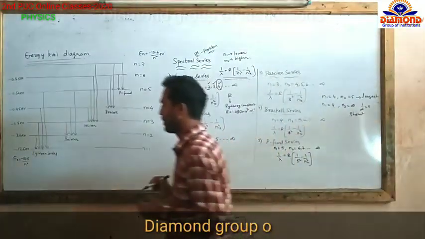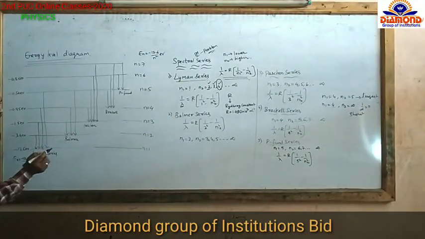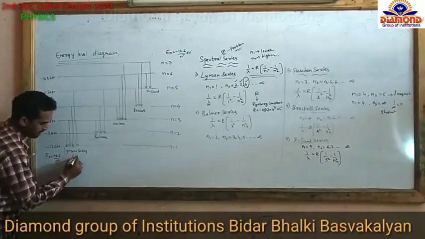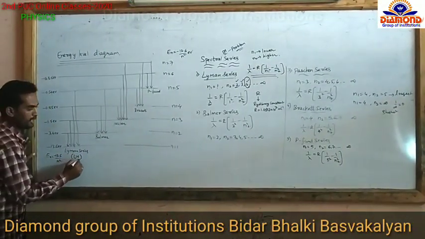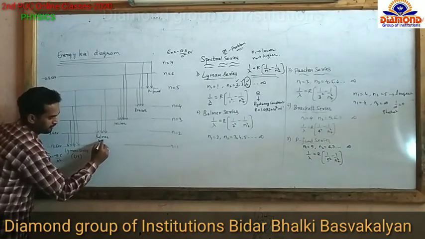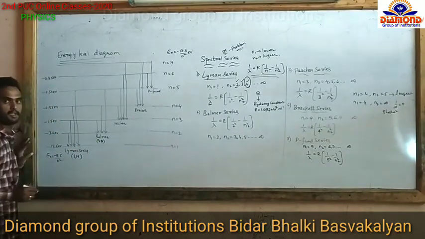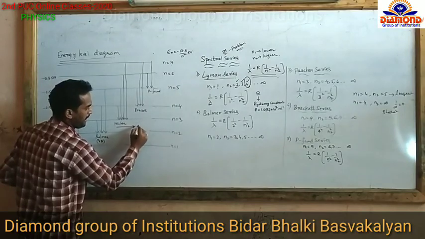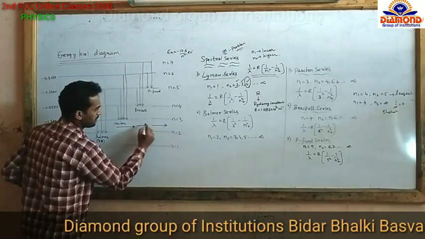And also remember, here is a simple question you are going to get in the annual exam. Lyman series is present in the ultraviolet region. Balmer series is present in the visible region, then Paschen, Brackett, as well as Pfund.